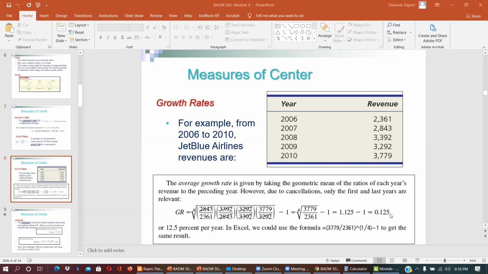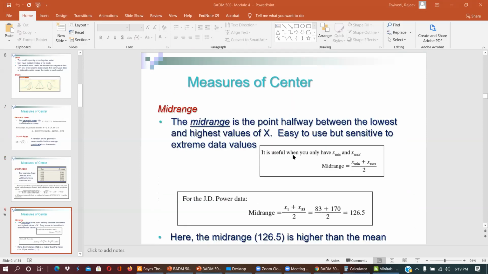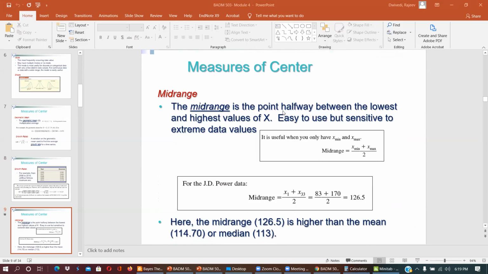In the normal way, if you look into this revenue and take the average, that is not the true measure of average growth. Therefore, the geometric mean is the method to apply whenever you average any financial or economic indicators. So use this because of finance and other things.